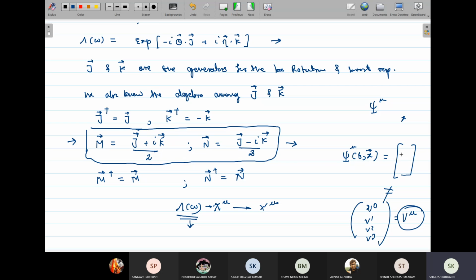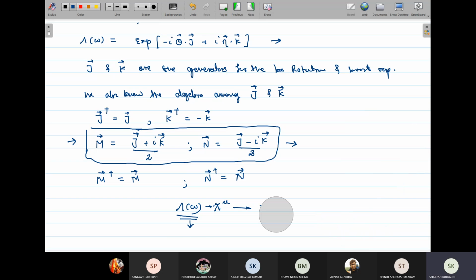So till now, I don't know how this object transforms. In order to do that, I have to construct an appropriate representation of this Lorentz transformation. Clear? That is what we are going to do. Have I answered your question?